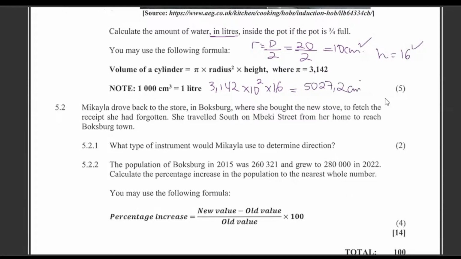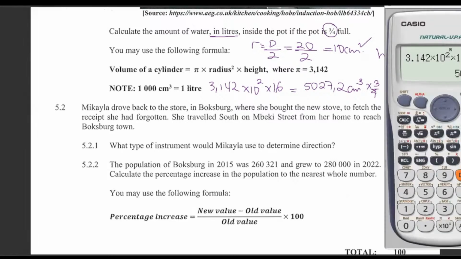These are centimeters cubed. But we're looking at 3/4. What shall we do? We shall multiply by 3 over 4. Do that for me. When you get that answer there, multiply by 3/4.